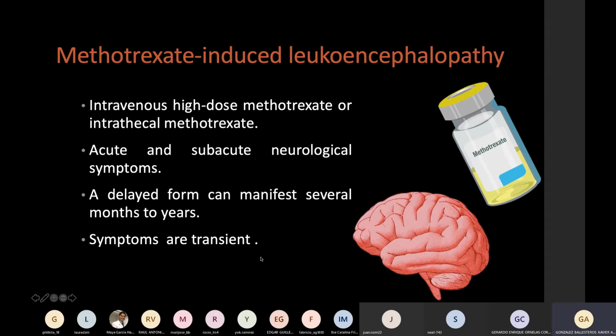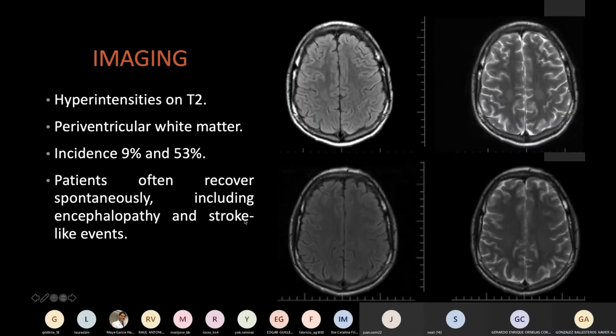Although neurotoxicity is rare, acute and subacute neurological symptoms can occur days or weeks after treatment, and a delayed form can manifest several months or years later. On imaging, the hallmark is hyperintensities on T2.